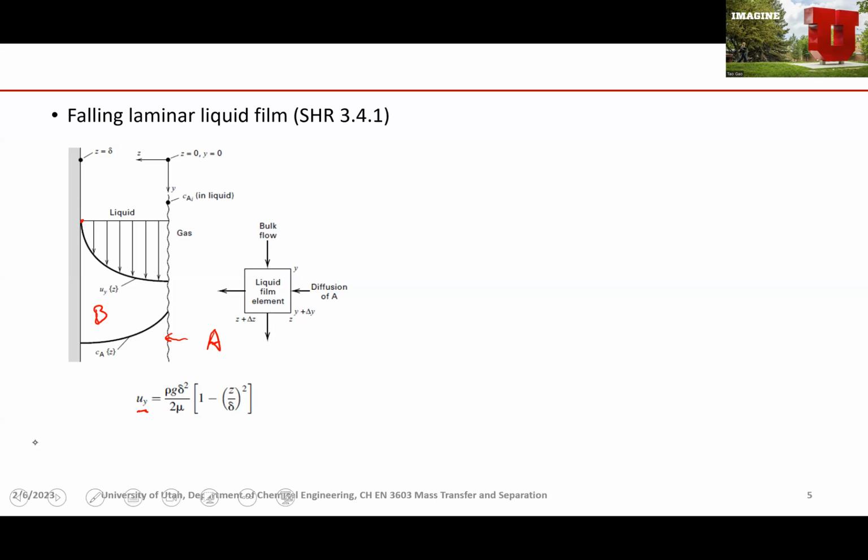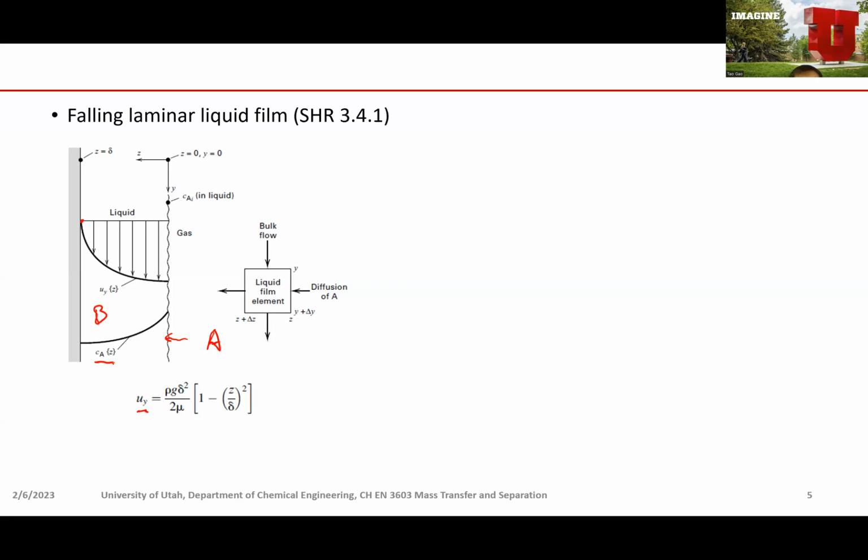In this case, obviously we can always solve for the mass transfer flux of species A using Fick's law, so long as we know the concentration of A as a function of z. But if we just don't know it, that's where we can apply the mass transfer coefficient equation.